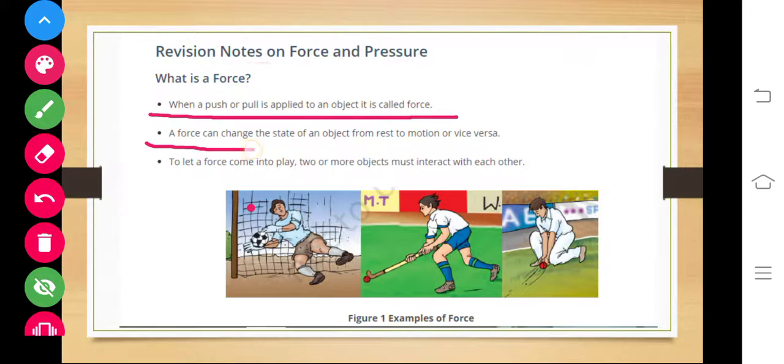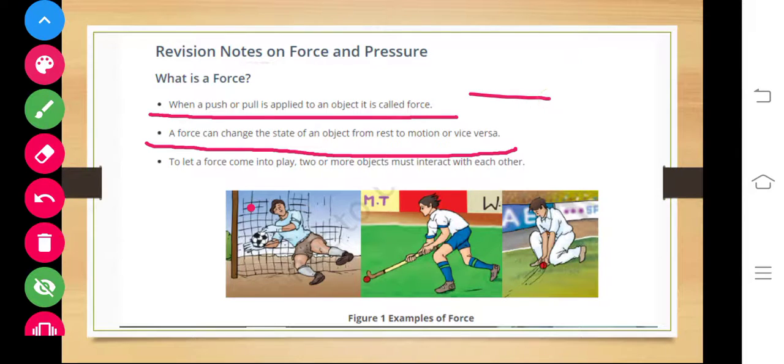A force can change the state of an object from rest to motion or vice versa. That means a force can change the state of an object from rest to motion and from motion to rest. For example, rest to motion: if a football is lying on the ground and you kick it, it will start moving, so it will be in motion.